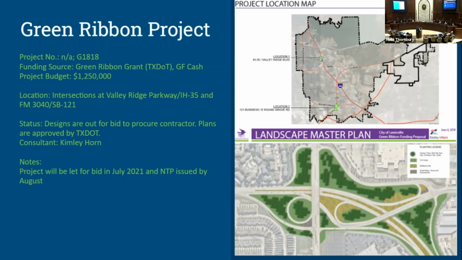This is a grant from TxDOT, and we'll be letting that project this month and moving to a notice to proceed by August. There are some strict deadlines that we have to meet for the completion of this project. So I think it'll be neat because this will really help with the identity focal points in these areas. People will know they're coming into Louisville.